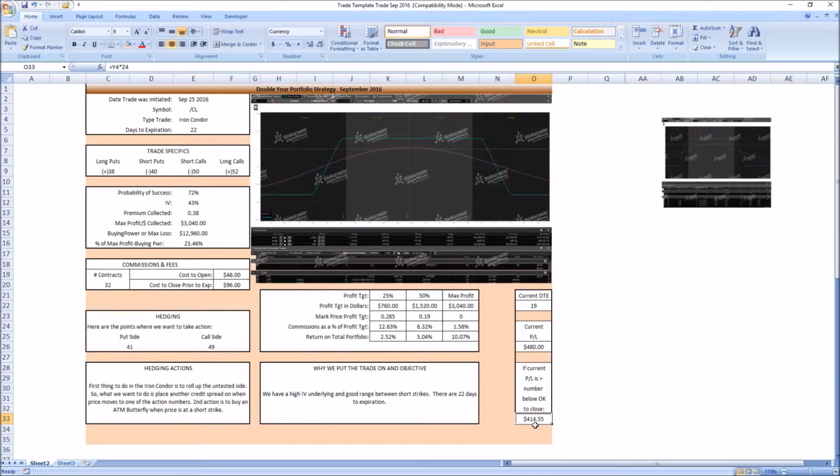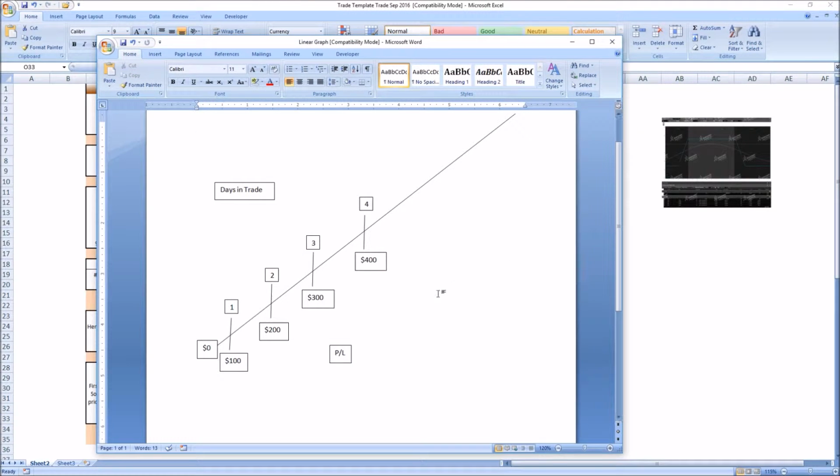If we were to come out of this trade in a linear fashion, meaning, if we were to chip away, say, $100 a day, if that's what the trade was supposed to come out at, day one we should have a $100 profit. On day two we should have a $200 profit. Day three, $300. Day four, $400. And this is all based on $100 a day coming out. Again, this is a linear graph as the trade goes through its trade cycle. Day 1, 2, 3, and 4.